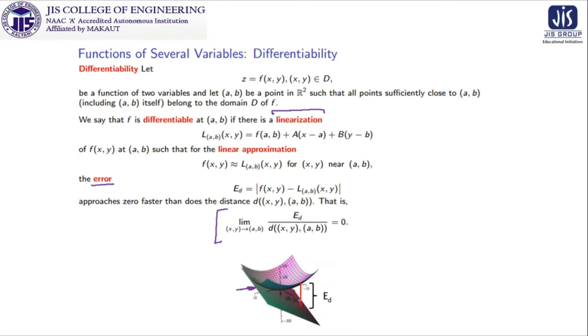But when this point approaches (a,b), the function and this linearization will be almost the same, and if it is on (a,b), it will be exactly the same. So this is the concept of linearization and how it will be used for differentiability.